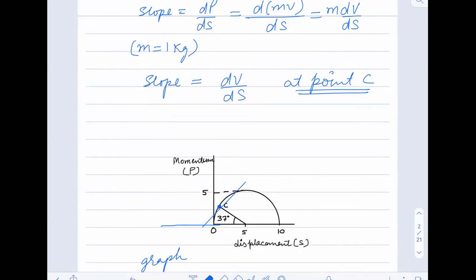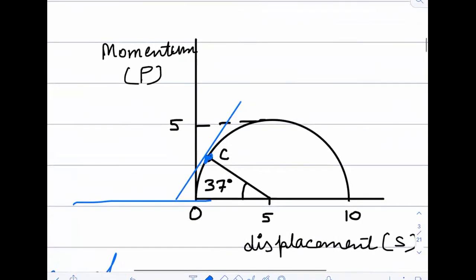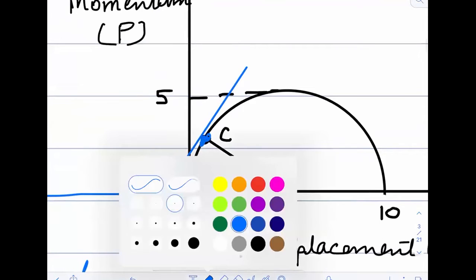Yeah, like this. Now if you see this, this is a tangent.